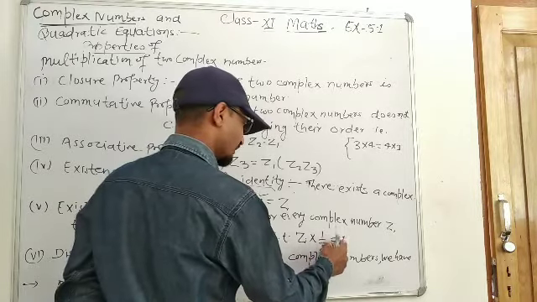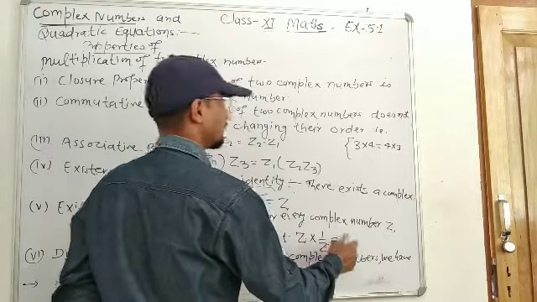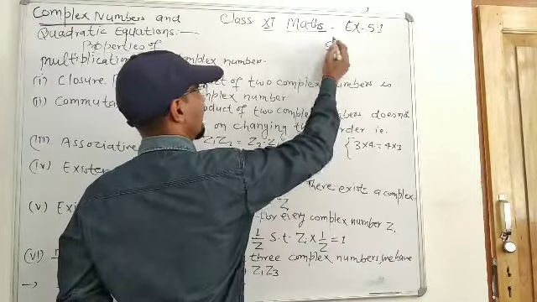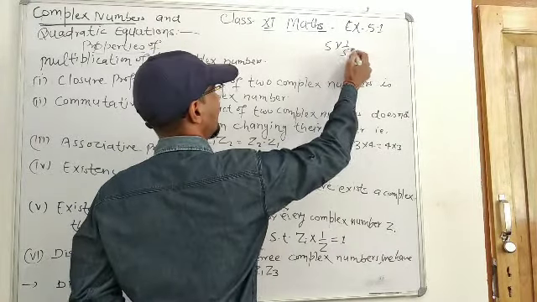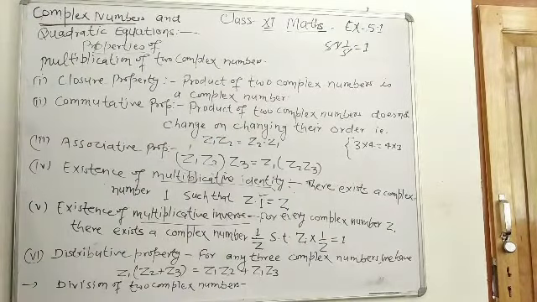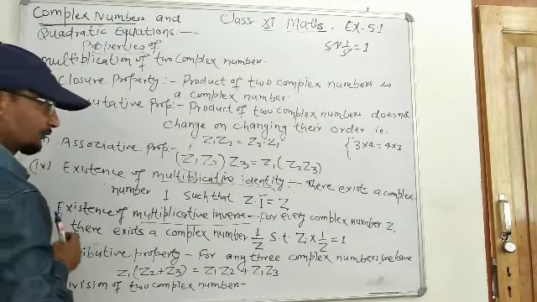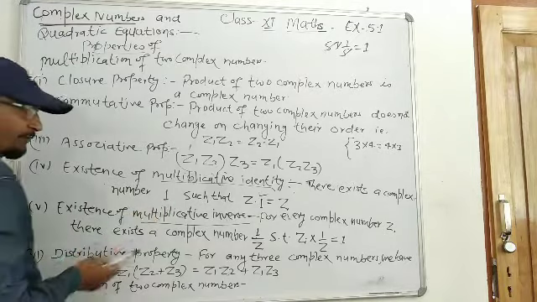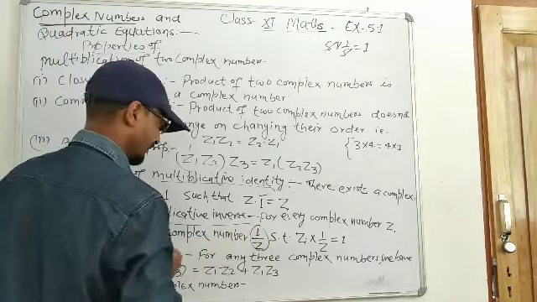So we must get 1 for the multiplicative inverse. Suppose we have the number 5, the inverse is 1 by 5, and after cancelling we get 1. Always we get 1 in the case of the multiplicative inverse. So if z is a complex number, its inverse is 1 by z.